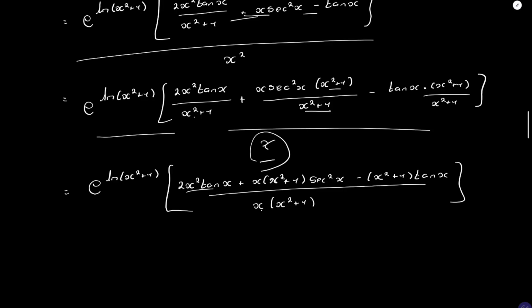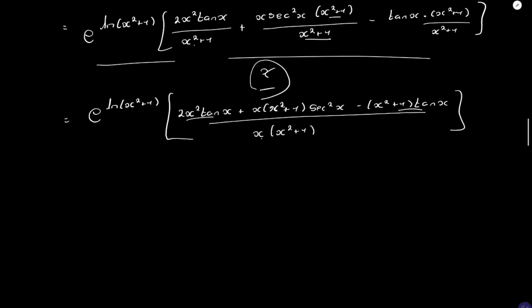Our first term here is in terms of tan x, and our second term is still in terms of tan x. That means we can factorize tan x out for both terms.